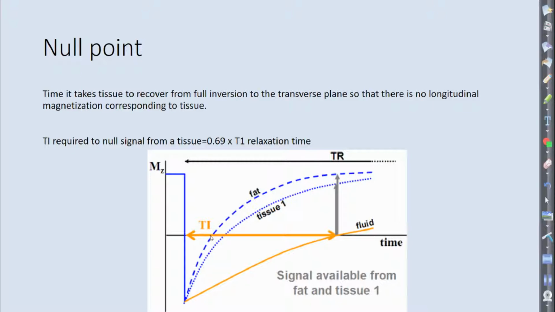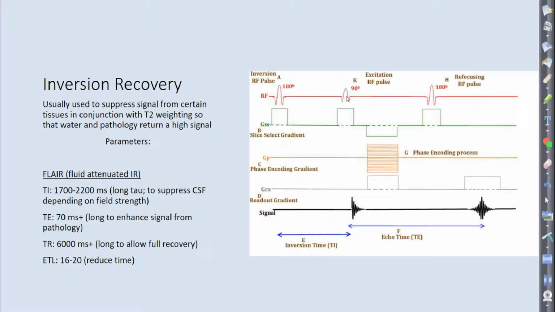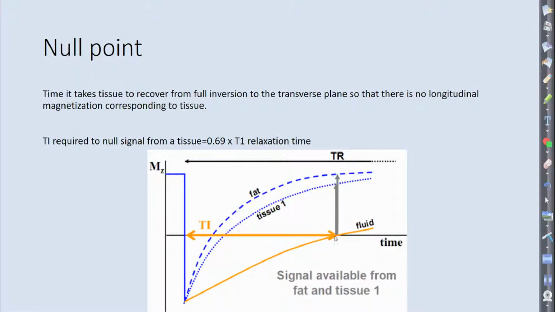And you can see fat always relaxes faster than water. So we let it relax so that there's no longitudinal magnetization corresponding to the tissue. So fluid, once it hits the transverse plane, we apply another RF pulse. The 90 starts the pulse sequence, and then boom, it gets flipped back down to full saturation. There's going to be no signal from fluid.